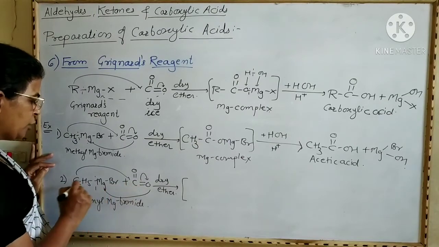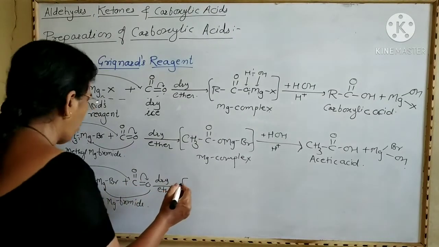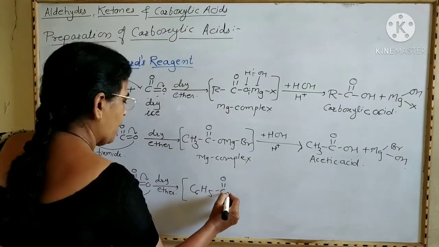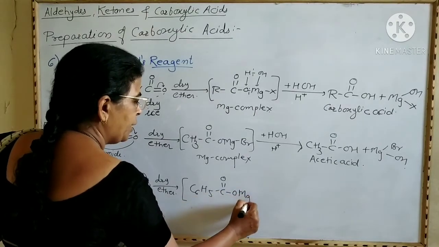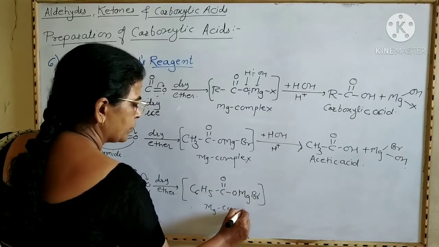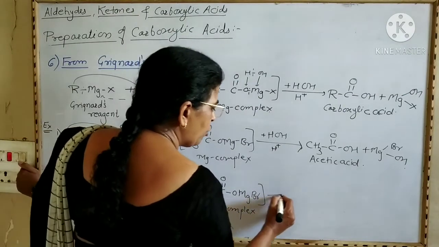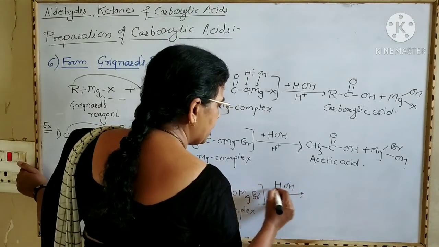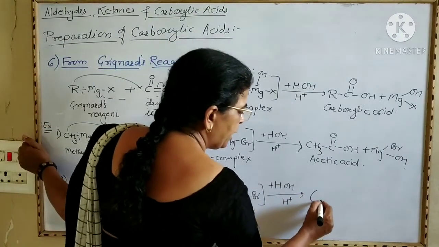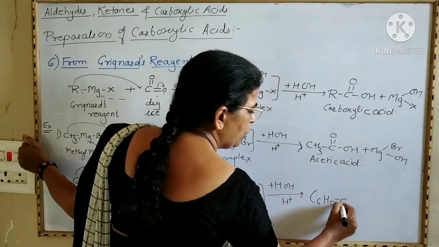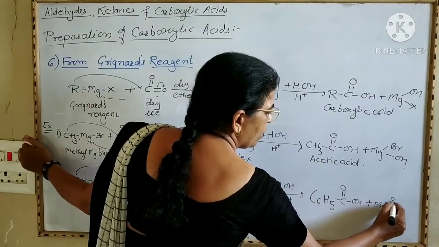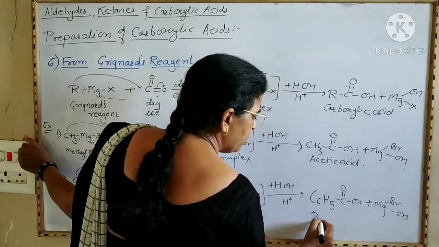Then this oxygen gets attached to magnesium bromide to form C6H5COOMgBr. This is the magnesium complex. When this magnesium complex undergoes hydrolysis, that is, addition of water molecule in acidic medium, you will get benzoic acid, that is C6H5COOH plus MgBr OH. This compound is benzoic acid.